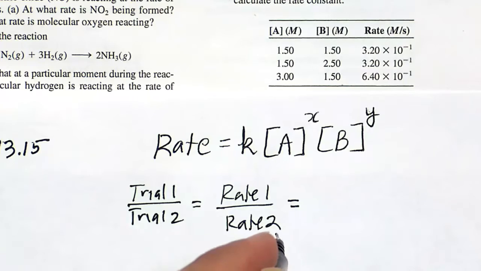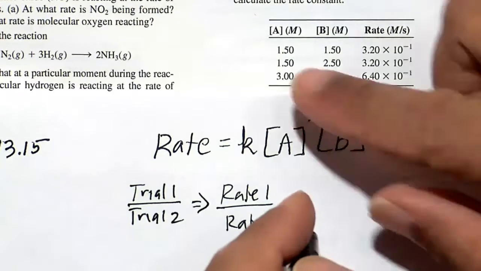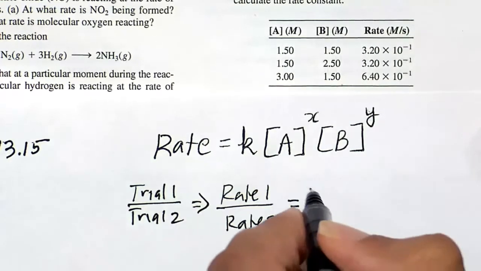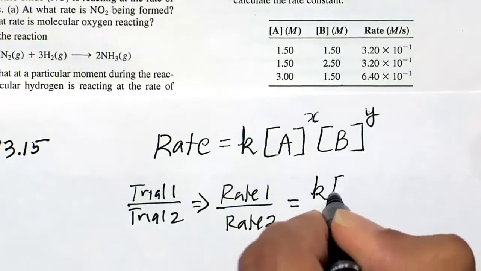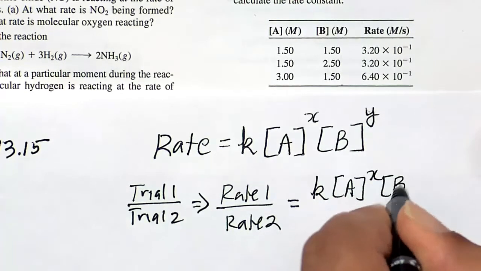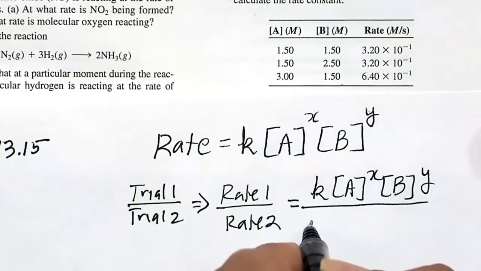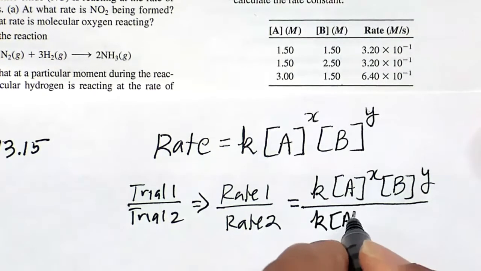So rate 1 over rate 2, comparing experiment 1 over experiment 2. The rate is equal to k times the concentration of A raised to the order x times the concentration of B raised to the order y. That's for rate 1, experiment 1. Do the same thing for rate 2, experiment 2.